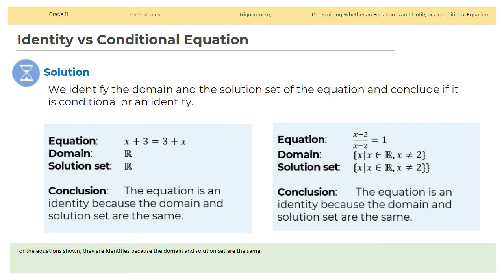For x plus 3 equals 3 plus x, the domain and the solution set are both the set of real numbers. For the equation x minus 2 all over x minus 2 equals 1, the domain and the solution set are both the set of x such that x is a real number except positive 2.